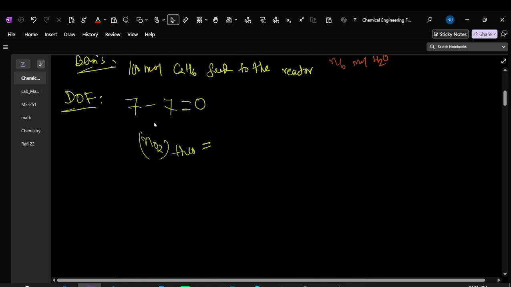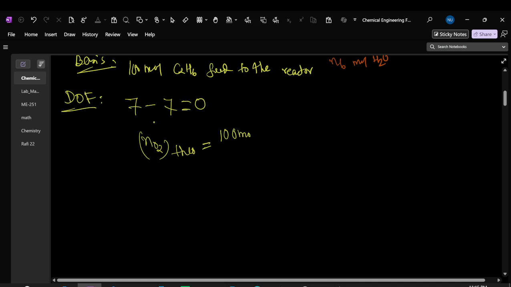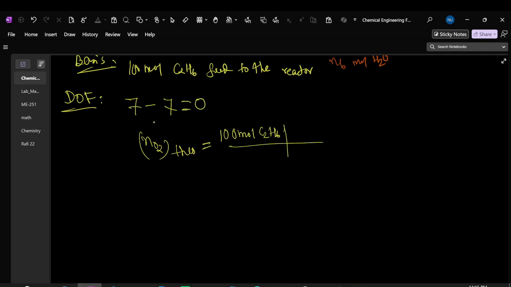Here our input feed rate of ethane is 100 mole. When we consider the theoretical oxygen, we consider 100% conversion of the reactant, that means ethane, and there is no side reaction. So our main product will be carbon dioxide, and our main considerable reaction is reaction 1.